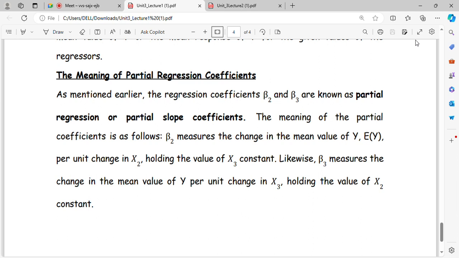Similarly, beta 3 shows the rate of change of mean value of y per unit change in x3 holding the value of x2 constant. Now we need to understand how we can derive the partial regression coefficients. Okay?